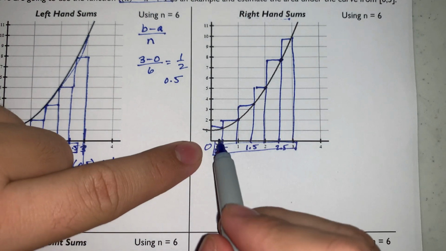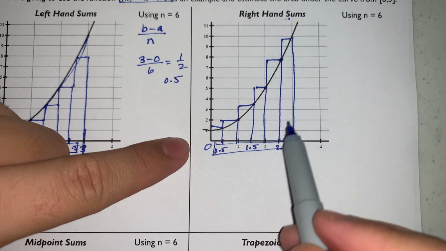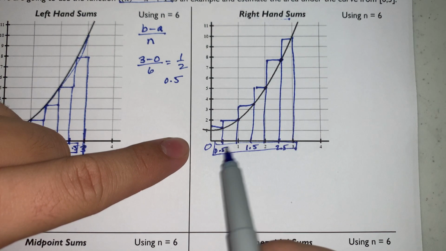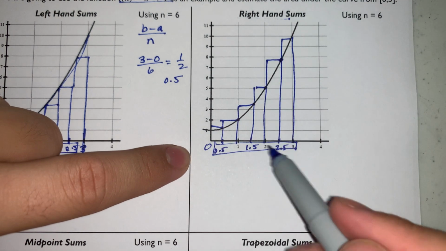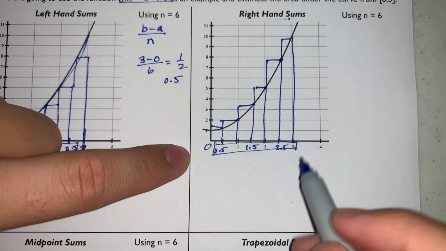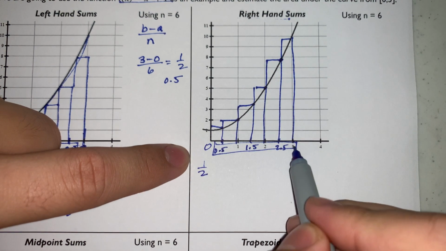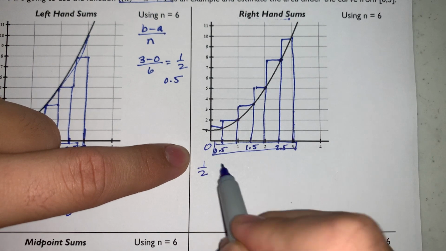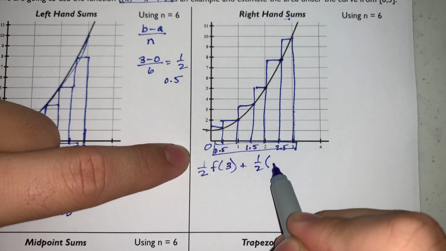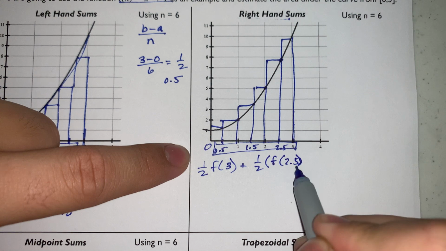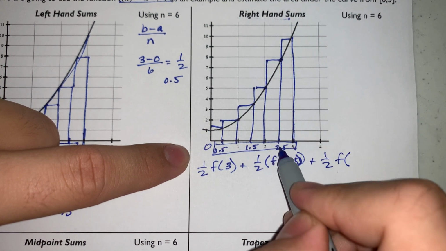So now the height of these rectangles is dictated by plugging in the values from here to here, right? So I'll just start at the right-hand-most rectangle. The width of the rectangle is still going to be 1/2, and then the height of this one is f of 3, plus 1/2 f of 2.5, plus 1/2 f of 2.